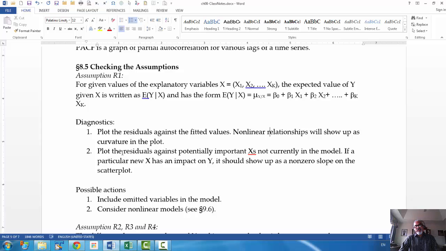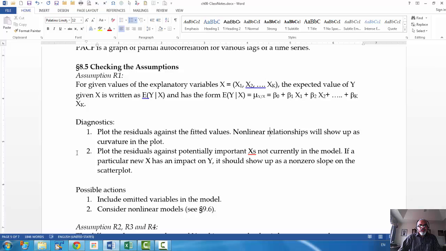So there's a lot of judgment involved here. What one person ends up with may not be agreeable to somebody else. So you need to be a little bit flexible and make sure that the conclusions you arrive at with respect to the validity of these assumptions are defensible. You should be able to stand up and say why you think that these assumptions are valid or not valid.